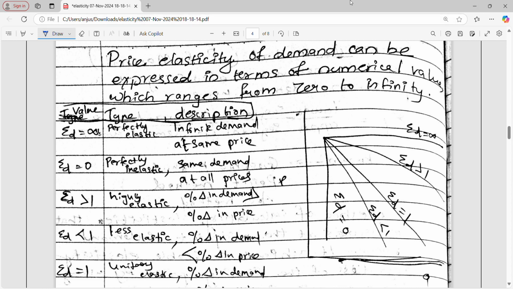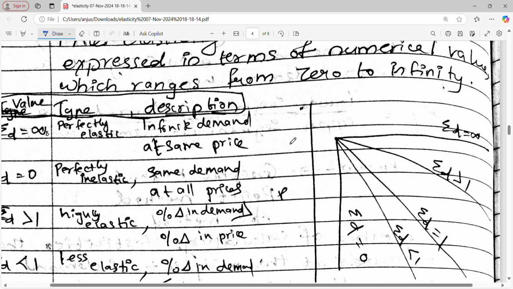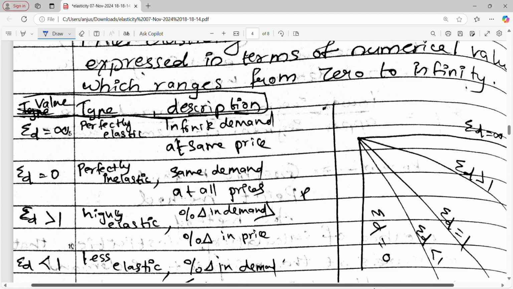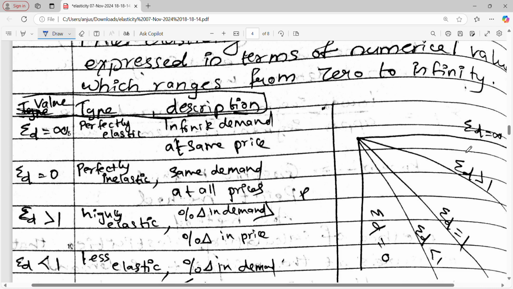Okay, so next is when elasticity of demand is equal to 0. It means it is perfectly inelastic. Same demand at all prices. Then elasticity of demand greater than 1 is highly elastic.